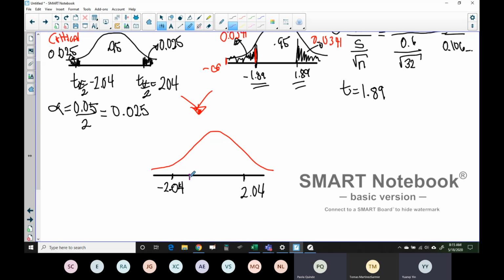Right, because negative 1.89 goes here. I cannot teach you where the numbers go. Does 1.89 go to the left of 2.04 or to the right? To the left of 2.04. Sorry, 1.89. I was worried about that.